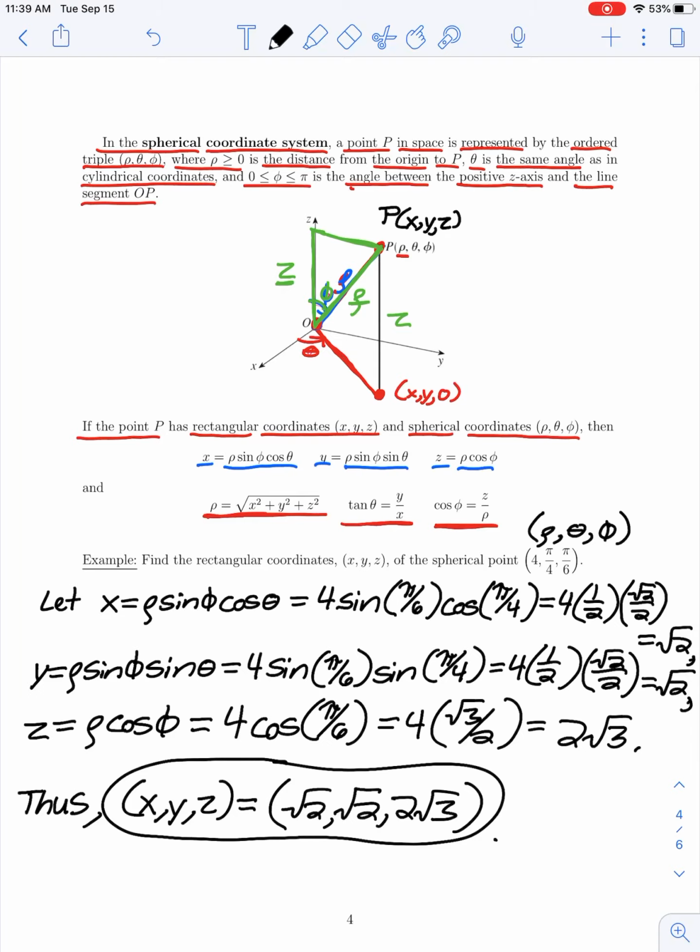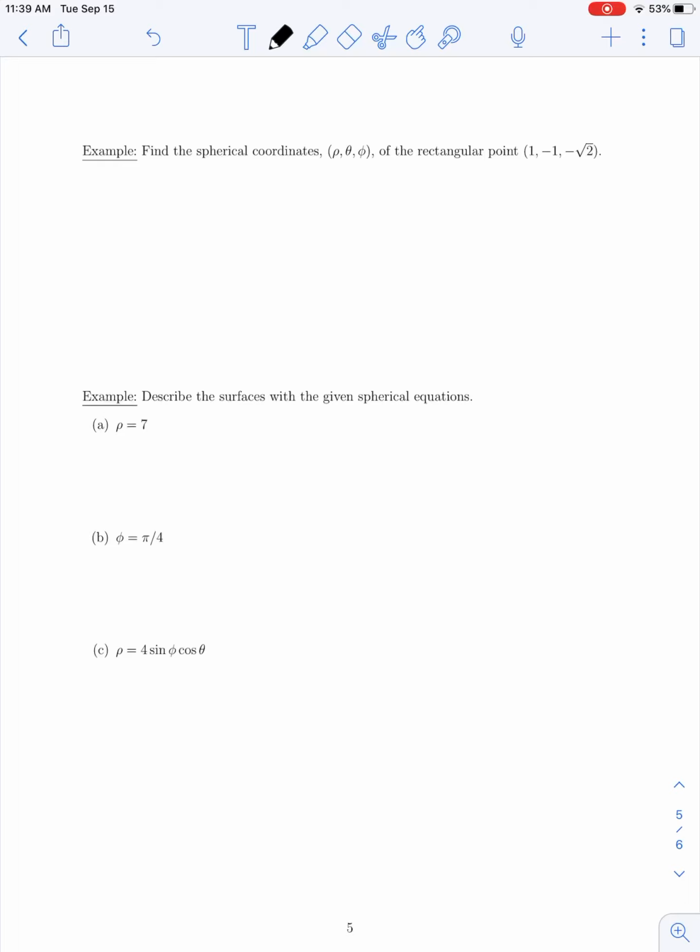Now let's look at an example moving in the opposite direction. So here we're asked to find the spherical coordinates, rho, theta, phi, of the rectangular point given by x, y, z is equal to 1, -1, -√2. So we'll start by looking for rho.